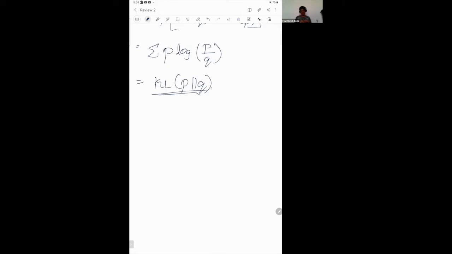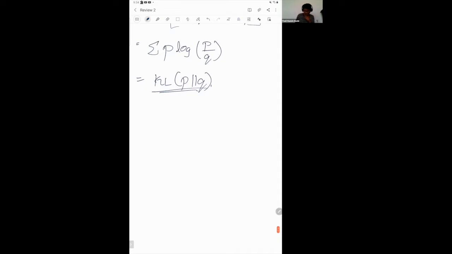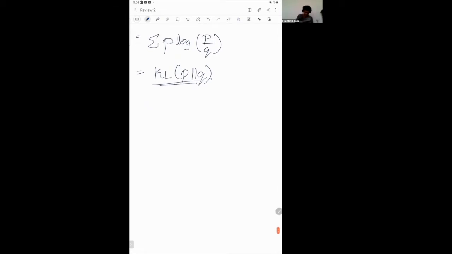Most of the literature on GANs and variational autoencoders comes from this notion. Even in the future when we see the EM algorithm, what we'll basically be doing is trying to minimize this KL divergence. What KL divergence says is, now if you have this probability distribution, and the other one is this, and at the same time I have this distribution.